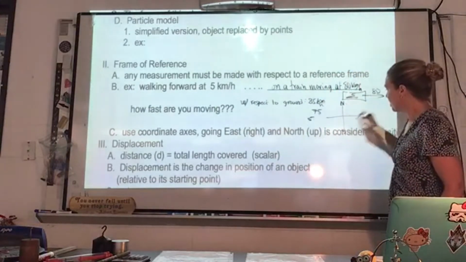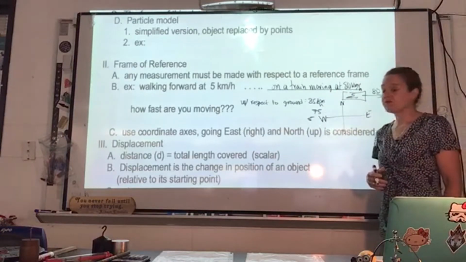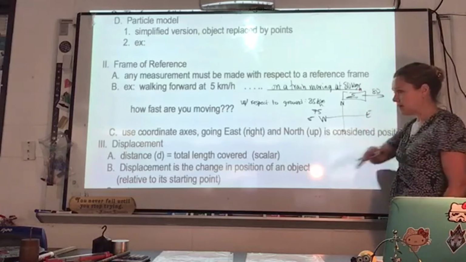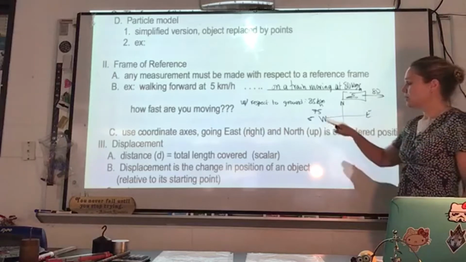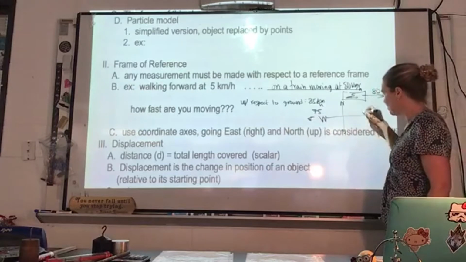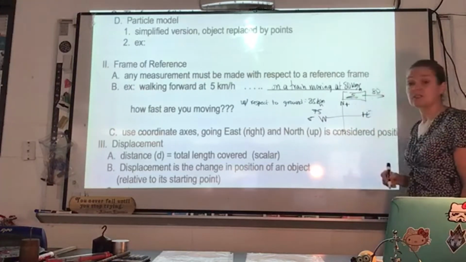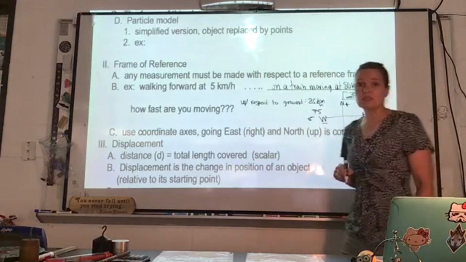We have north, south, east, and west that we use for reference many times, and that can be on the ground, or we can use up and down. Just like in math class, east and north are considered positive, and west and south are considered negative.